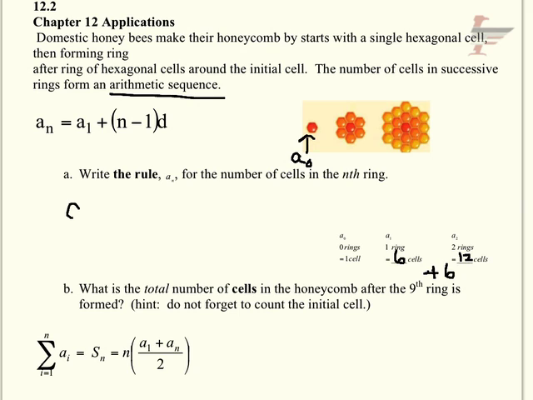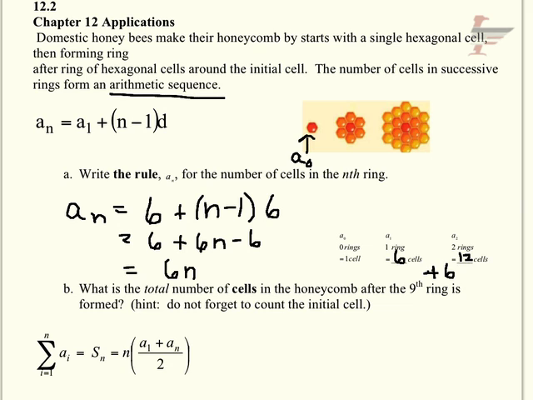So my rule, because it's arithmetic, and note my arithmetic rule right here, is my first term, which is the 6, and we don't want to count the initial cell because that doesn't follow the pattern, plus n minus 1 times my common difference, which was also 6, and if I simplify that a bit, I get 6n, so that's my rule. And again, let me remind you that initial cell doesn't count because it's not a part of the plus 6 pattern, the sequence.